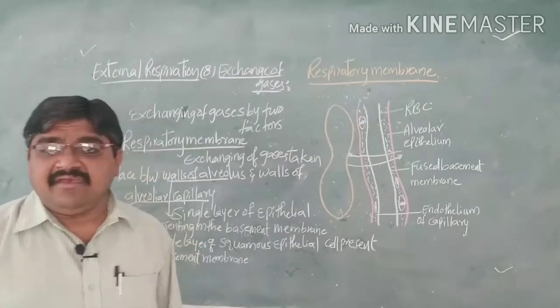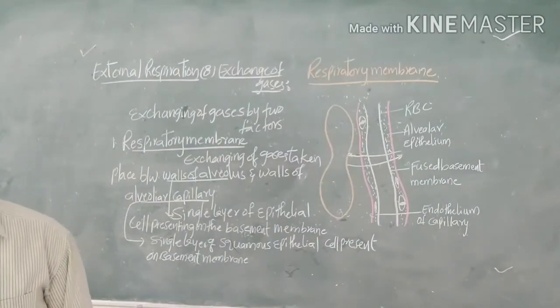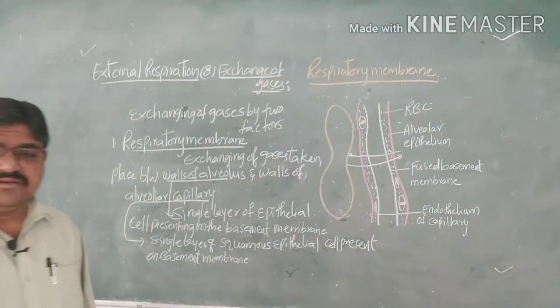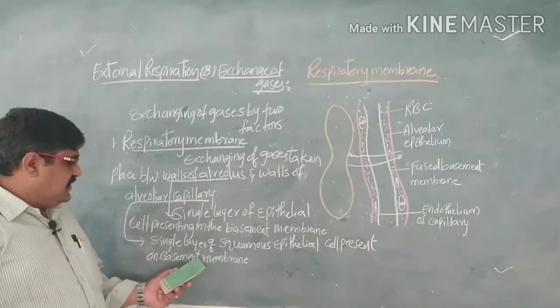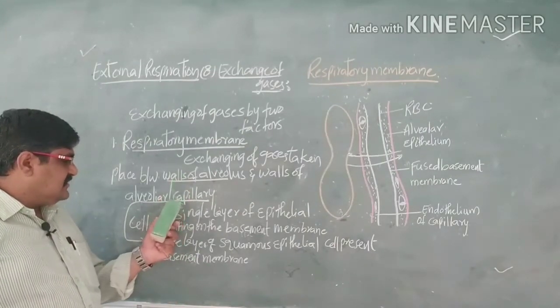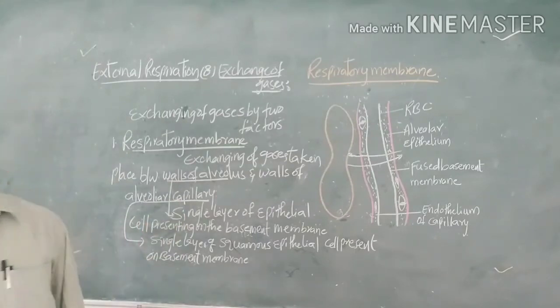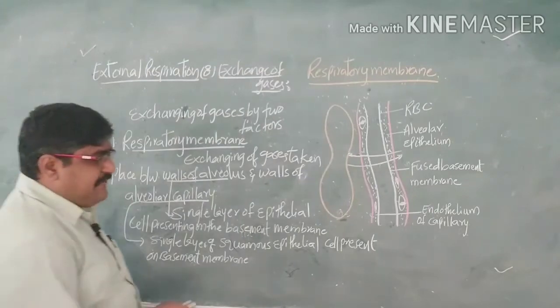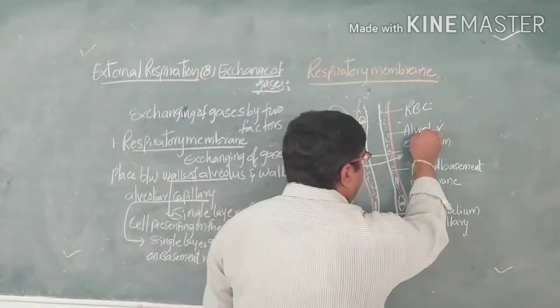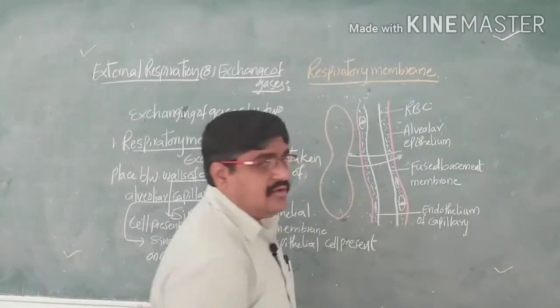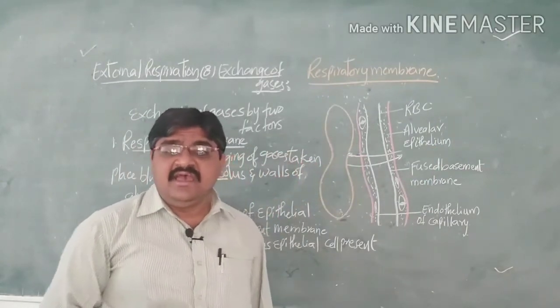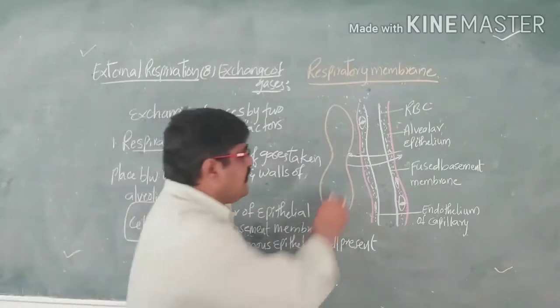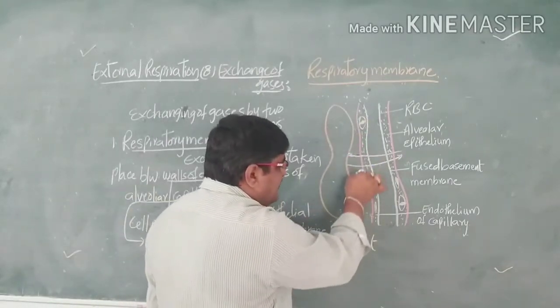These membranes, the walls of the alveolus and the walls of the alveolar capillaries, along with the interstitial spaces, both form a thin layer. This is the respiratory membrane.